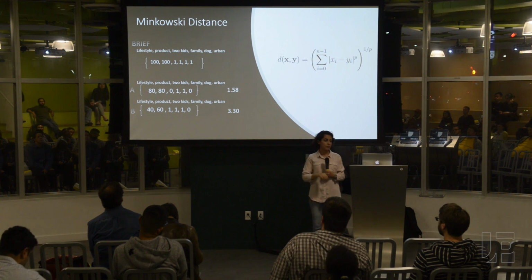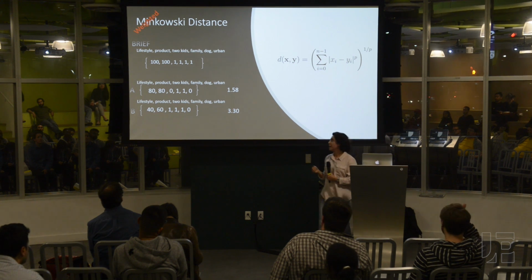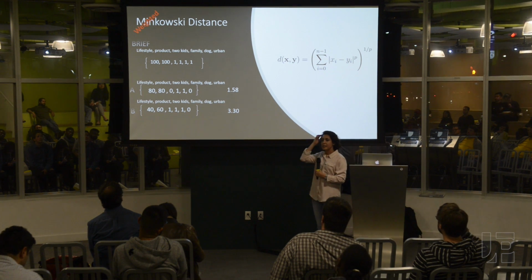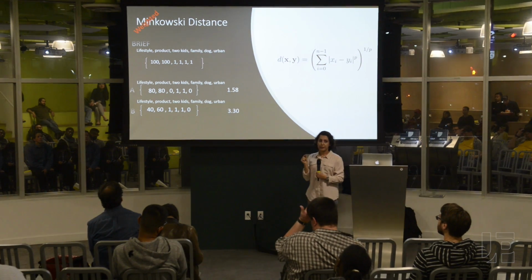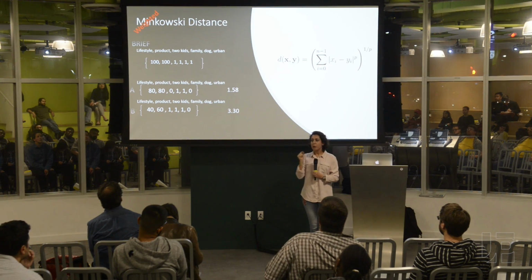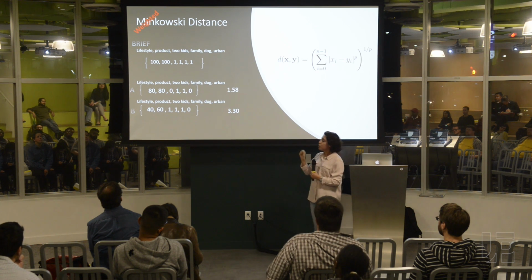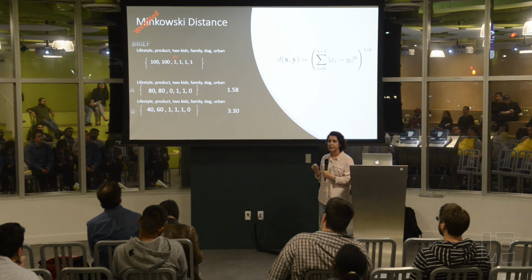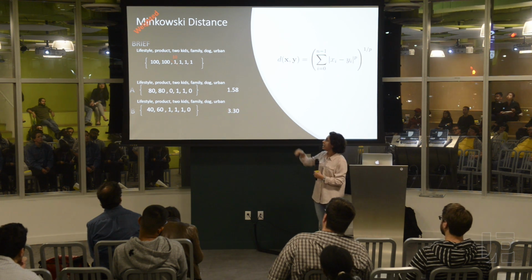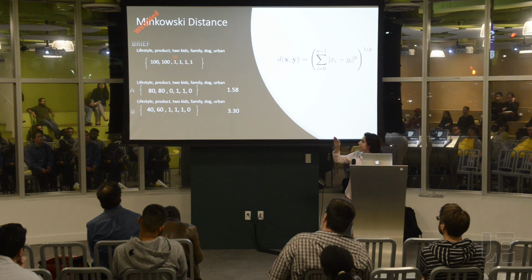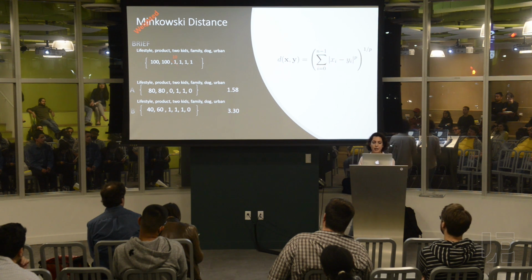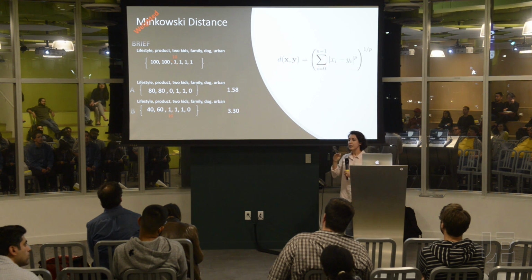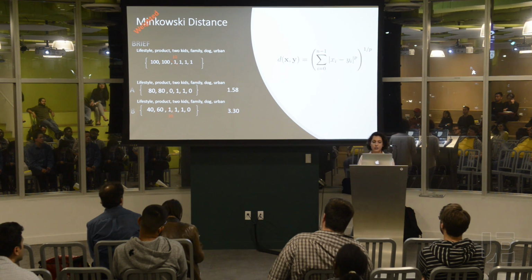But we modified the Minkowski to a weighted Minkowski distance, in the sense that if one of the data points or attributes is more important than the other ones, you can put a multiplier on that. For instance, here, if having access to keys is the most important one for us, then we multiply that tag by a coefficient, say 10 here, and then the distance between that brief and someone who doesn't have that tag will be larger.